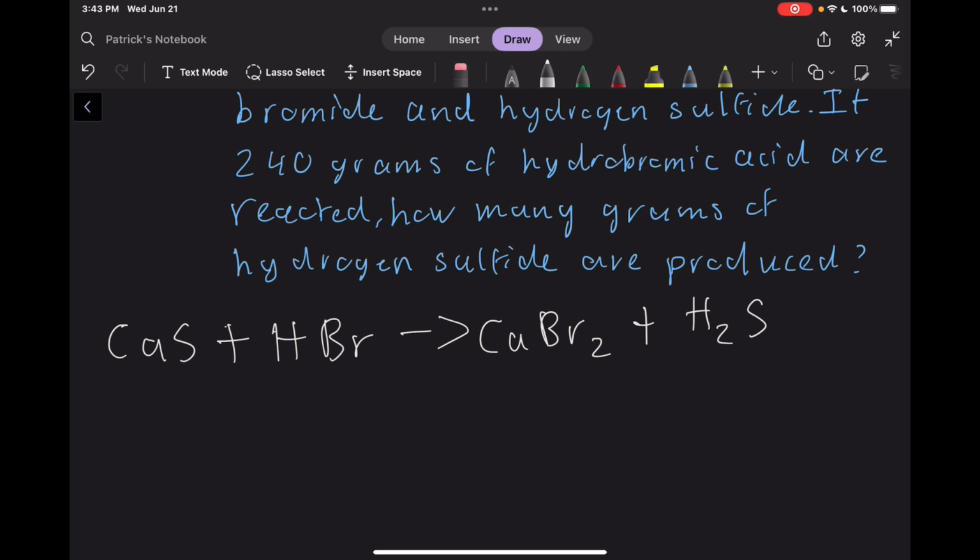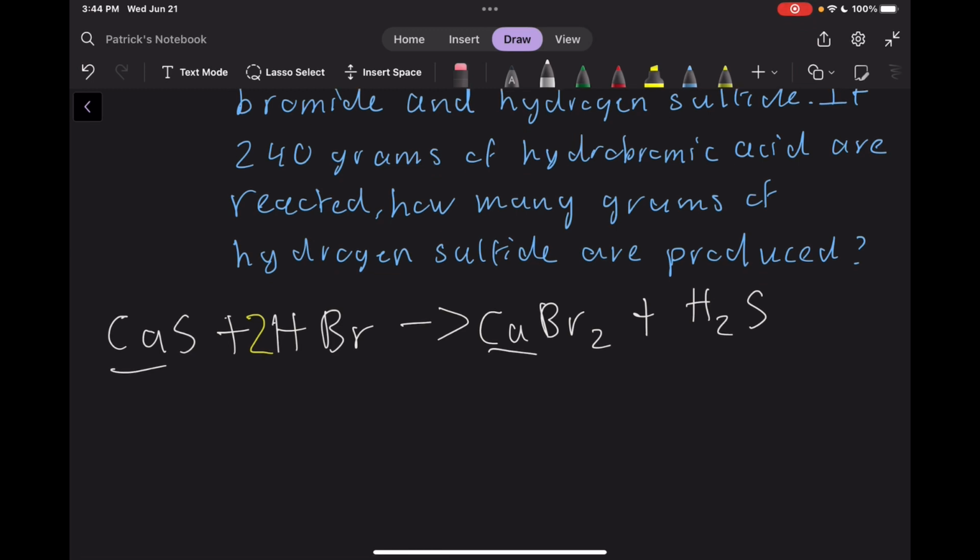We could go ahead and write out a system of equations for calcium, sulfur, hydrogen, and bromine, but if we look closely at this equation, we'll notice that if we just add a coefficient of 2 to HBr, we end up with an equal number of all atoms on both sides of the equation. One calcium atom on both sides, and one sulfur atom on both sides, that's already balanced.